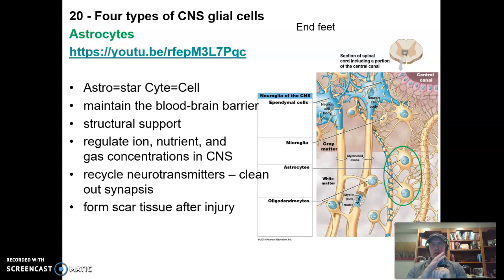Now, like everything else, these cells do double duty, and they might have, like in this example, structural support. They regulate ions, nutrient, and gas concentrations in the central nervous system. They also clean out the synapses, the cleft in between where a neurotransmitter has an impulse.